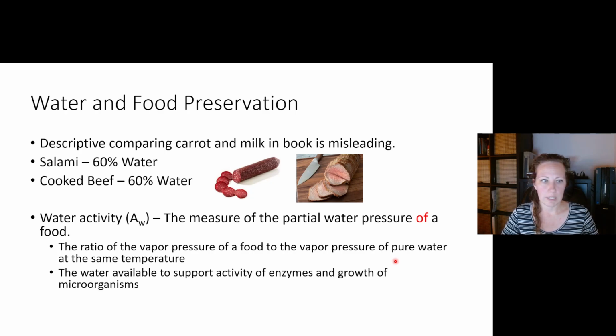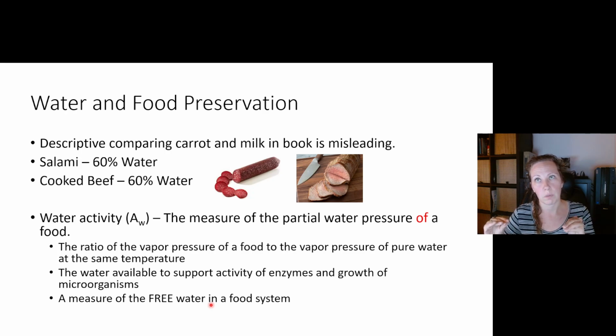And so essentially what water activity is measuring is just the free water as a proportion, I guess, as a ratio compared to if it was all free water. Okay, so the free water in the food compared to what if it were all free water?